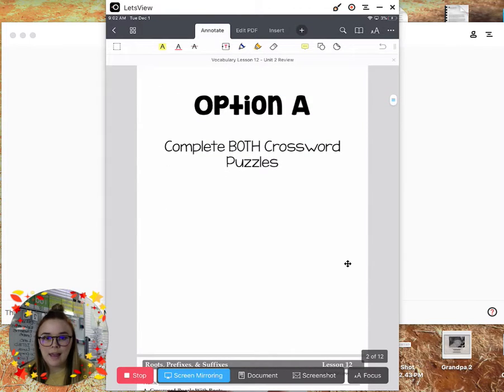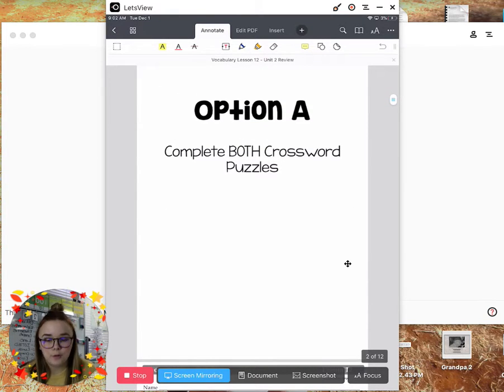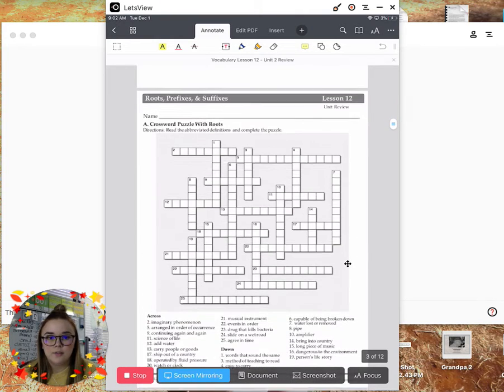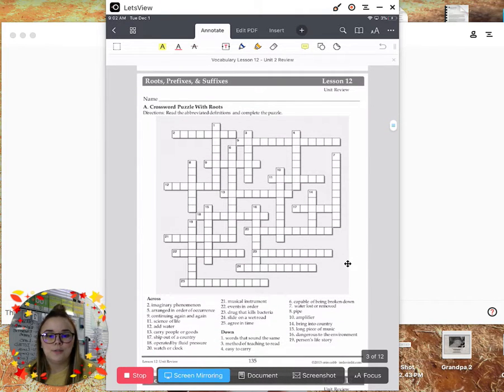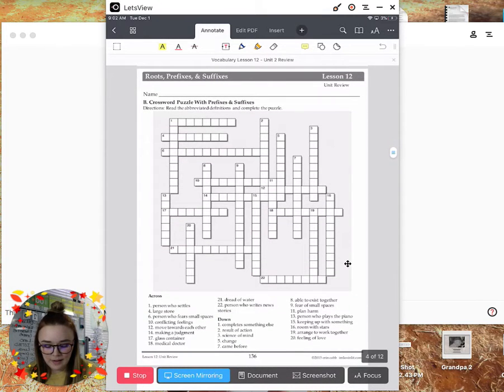Option A is to complete both crossword puzzles. You have a crossword puzzle for all of the roots for Unit 2, and there's a crossword puzzle for all of the prefixes and suffixes for Unit 2. You'll read the definition, figure out the word, and fill it in. It may be helpful to have your word lists from the previous lessons.